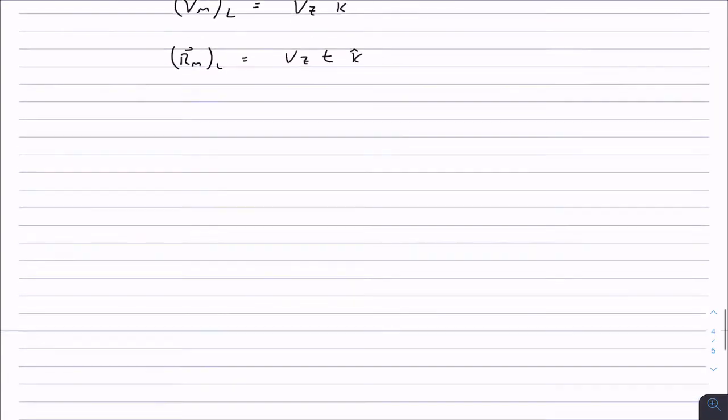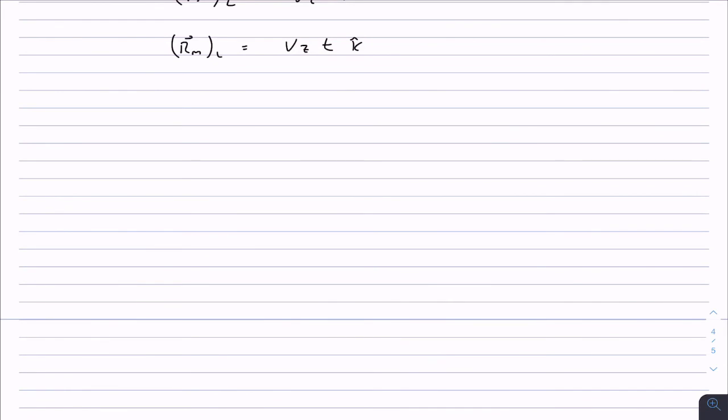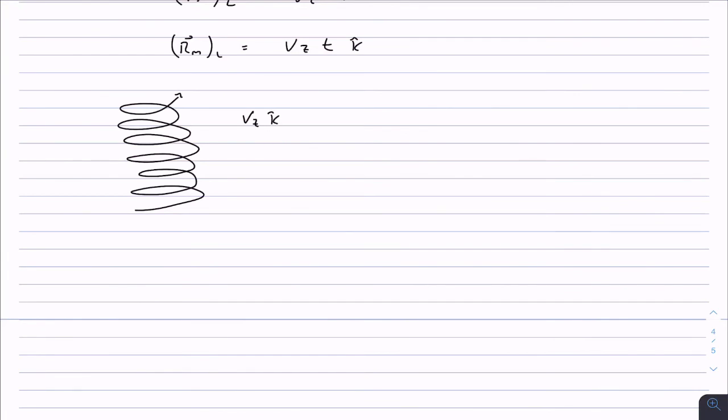So to draw it out, let's make it more explicit if we can. This is the best helix I can do right now. This thing is moving up at constant velocity in the z direction. Right? And then we have a moving frame. I need to draw a moving frame.